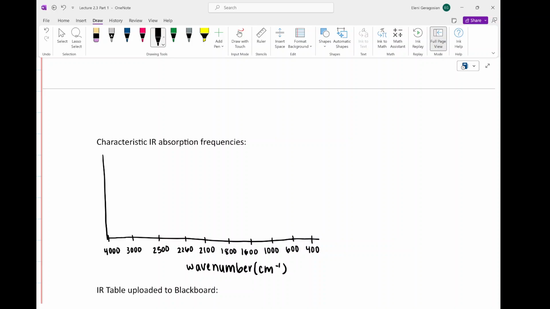But we'll note those intervals here because they're helpful for certain bonds.